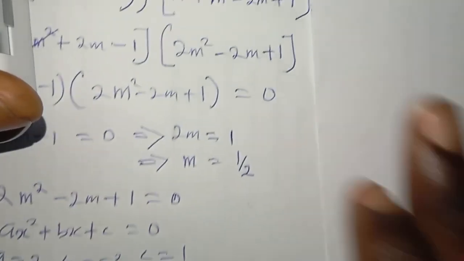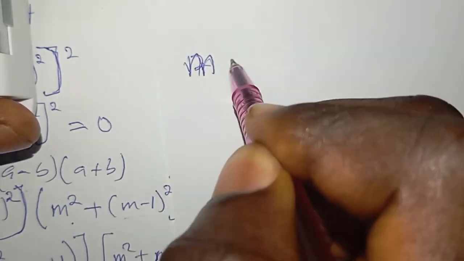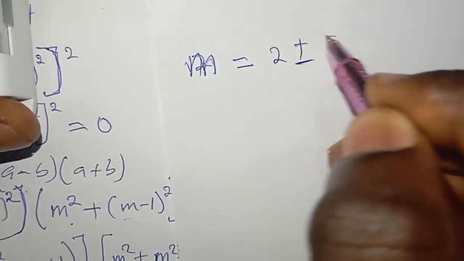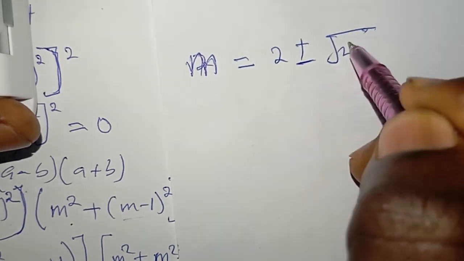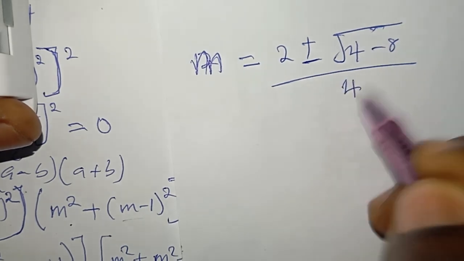Okay, so I'm going to continue from here. So this is what I have, my m rather is equal to 2 plus or minus the square root of 4 minus 8, all divided by 4.